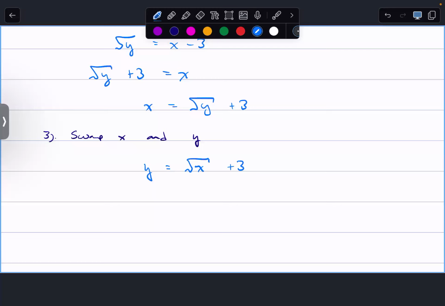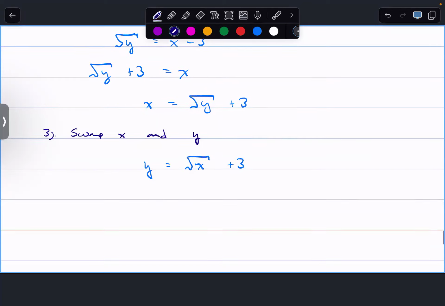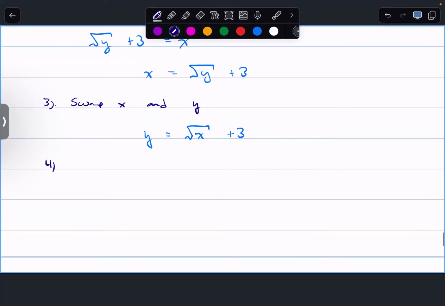Been sloppy all around here. There. And then I can write y as f inverse of x. So the inverse of x is the root of x plus 3.